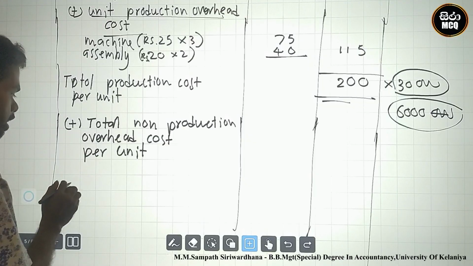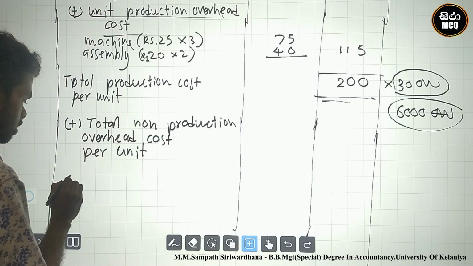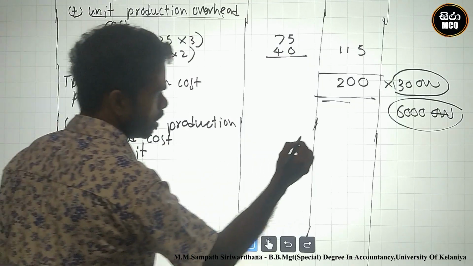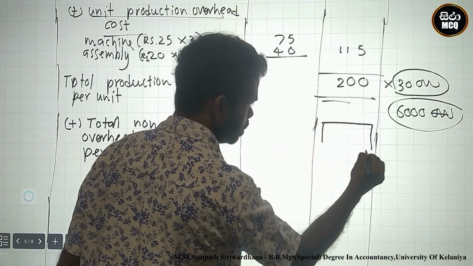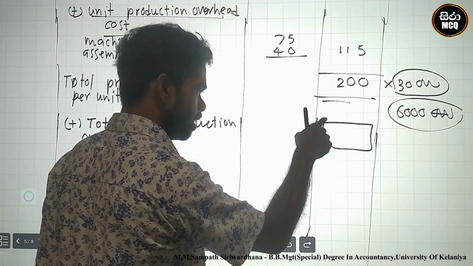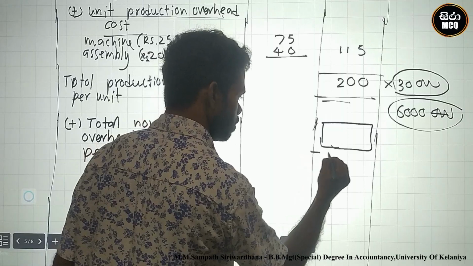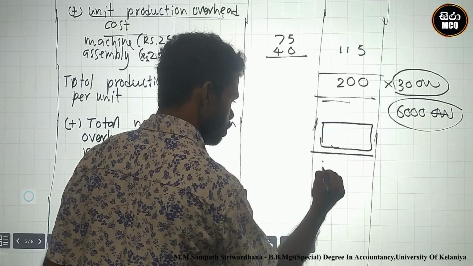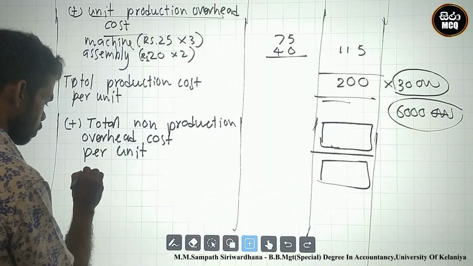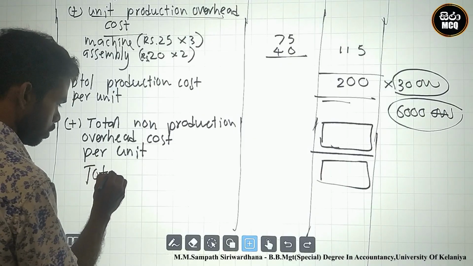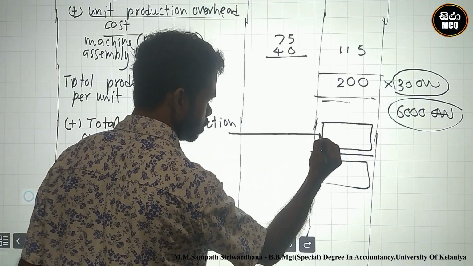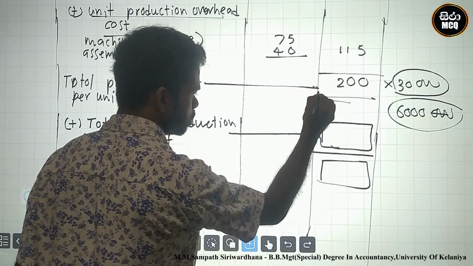After that we can calculate. The answer is I add non-production cost. This is the production cost. No, I add non-production cost. We can calculate total cost. This is the non-production cost. This is the production cost.